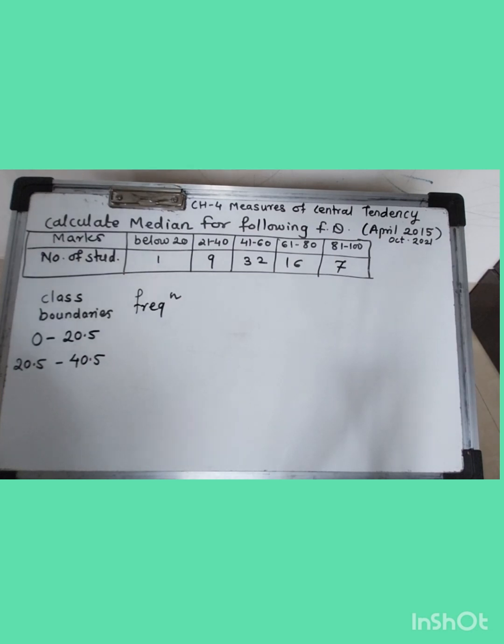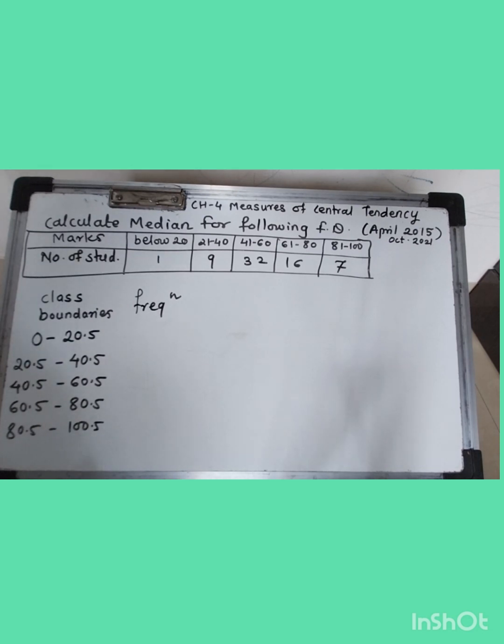Next is 40.5 to 60.5. We already studied this in data condensation. Next is 60.5 to 80.5, then 80.5 to 100.5. These are the class boundaries.